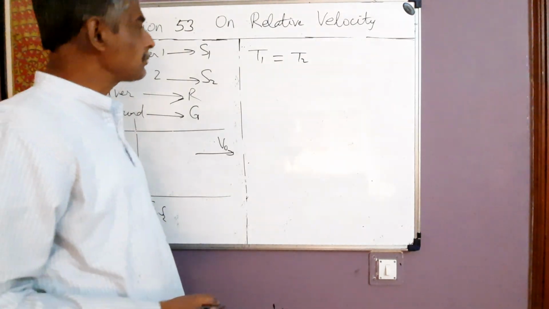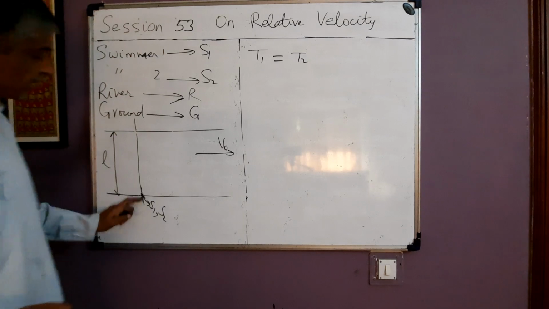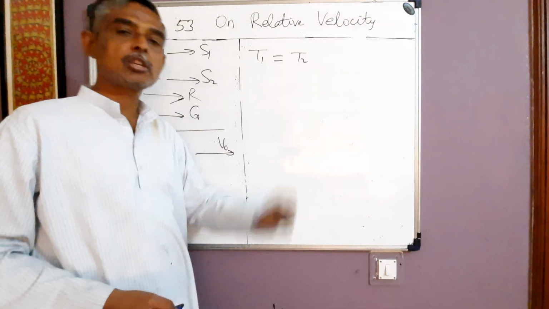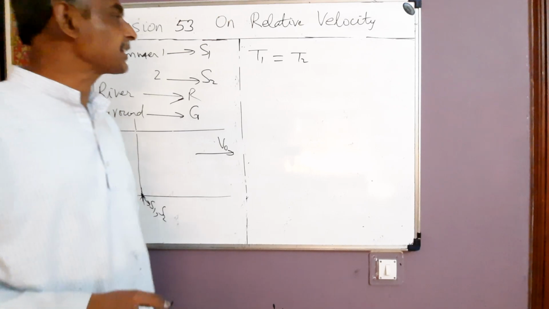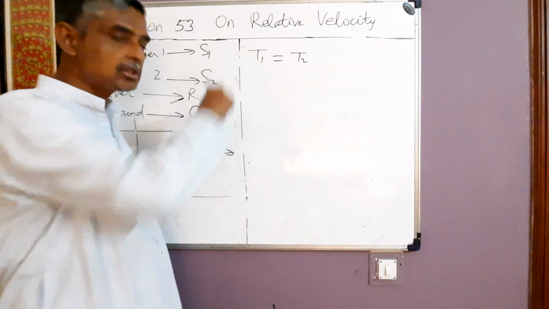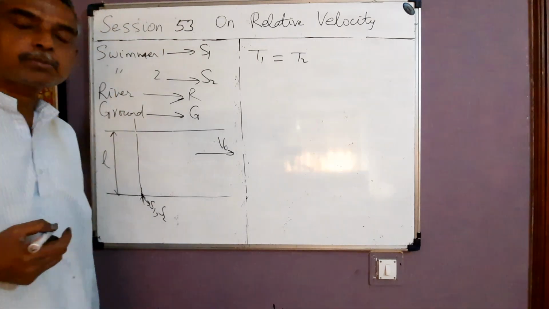So T1 is the time of journey of swimmer S1 and T2 is the total time of journey of swimmer S2. We must find the expressions for T1 and T2 and substitute in this formula, then we'll get the value of W, the walking speed.